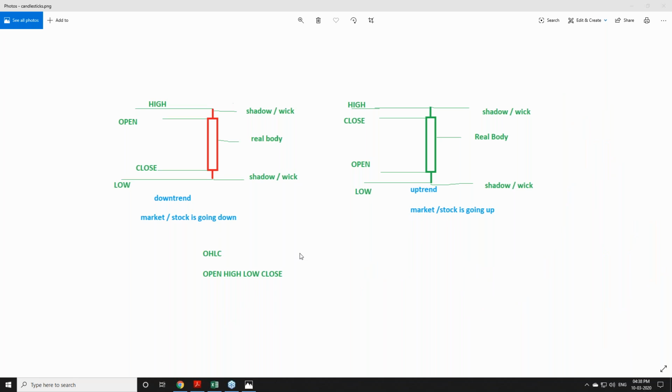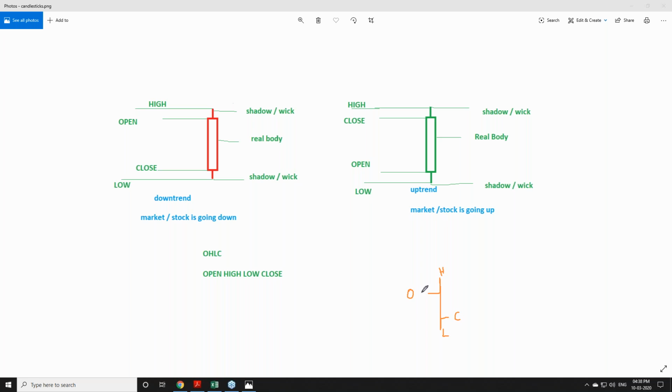Generally we have to understand the pattern of the candle. Now it opened, went high till here, and again came low till here, and could not move further up, closing here. That means open, high, low, close.